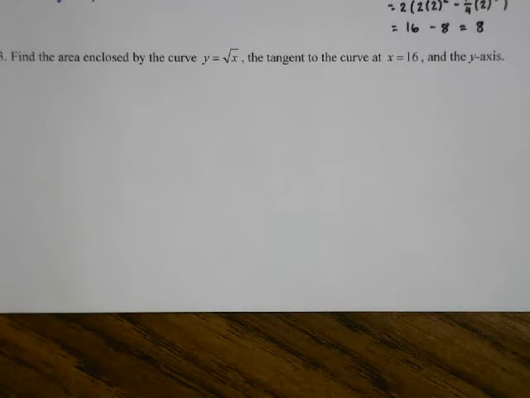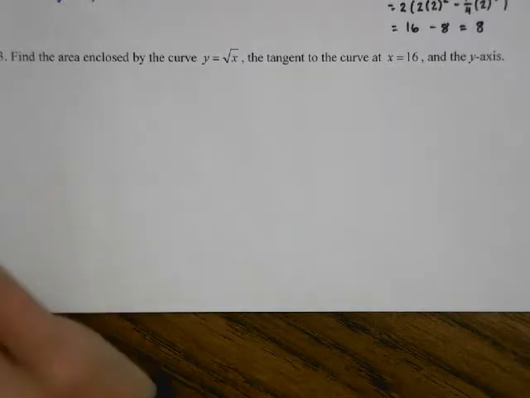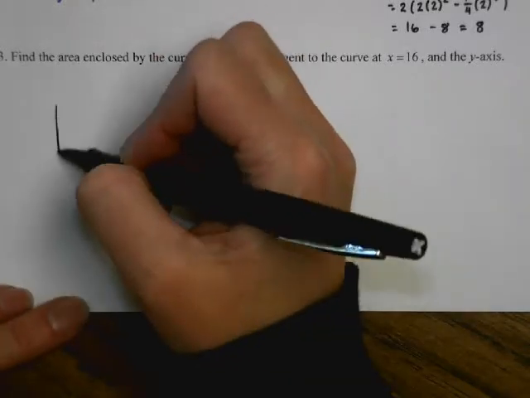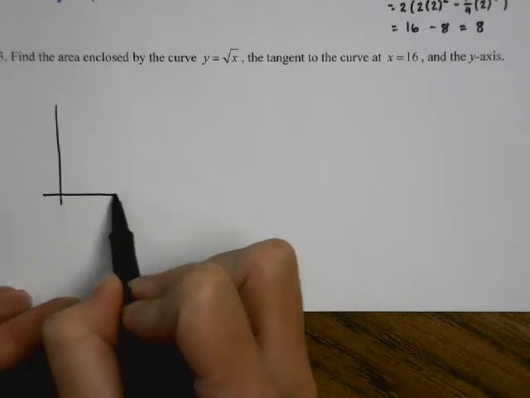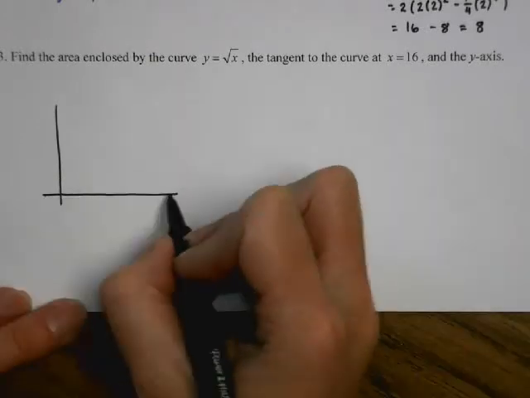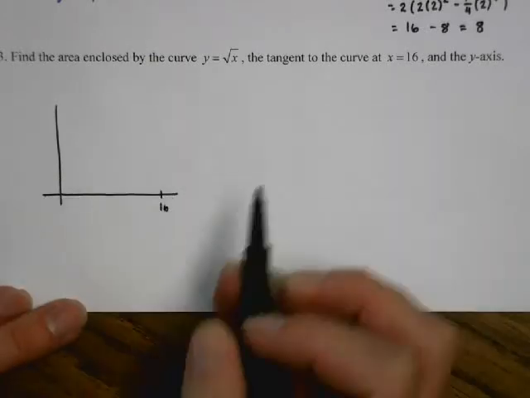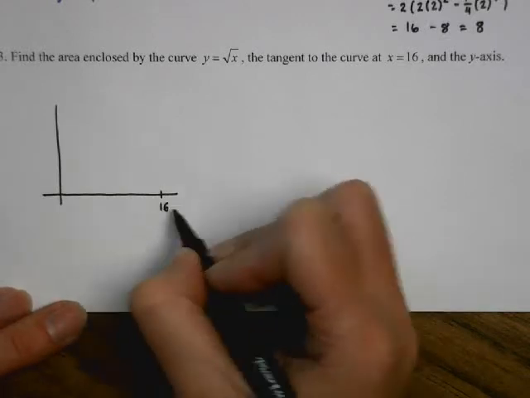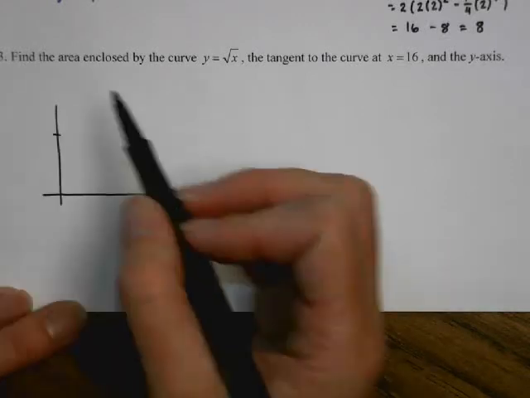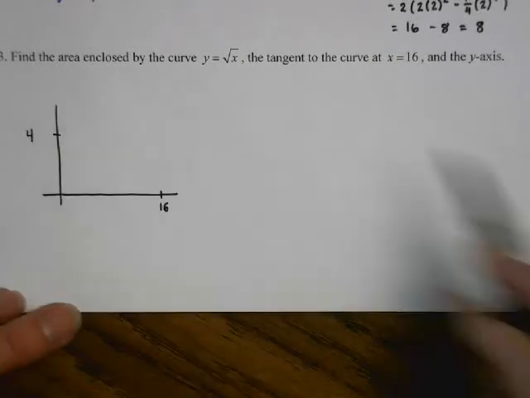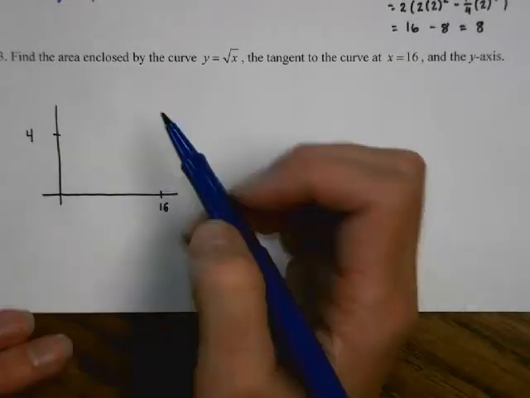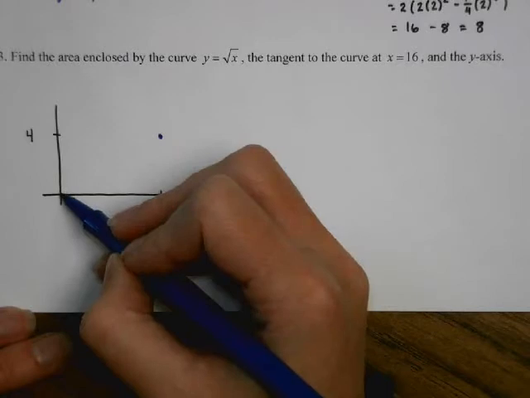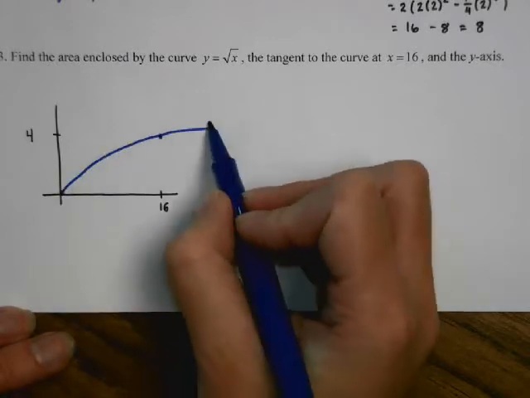Find the area enclosed by the curve y equals the square root of x, the tangent to the curve at 16, and the y-axis. Okay, so if we're graphing the square root of x, it's going to be a curve that looks like that.